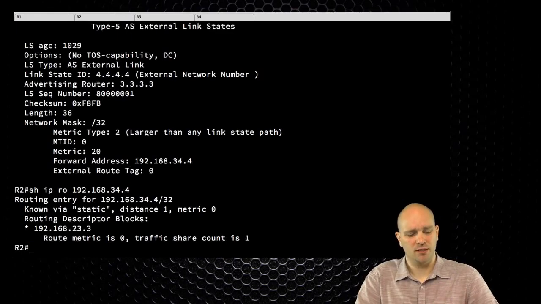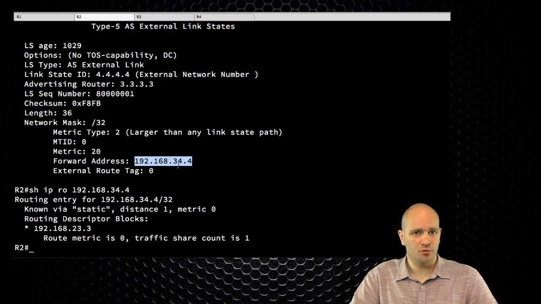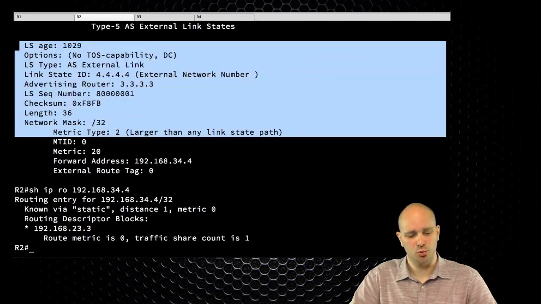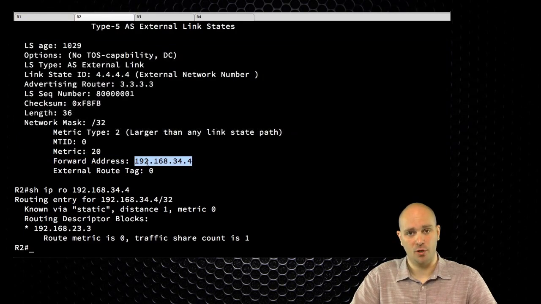Show IP route 192.168.34.4 on R2 shows us that there is a static route on R2 that makes the forward address reachable. Now, as I said, one of the rules for forwarding address is that in order for this LSA to be used when it has a forward address that is non-zero, the forward address must be known by OSPF.